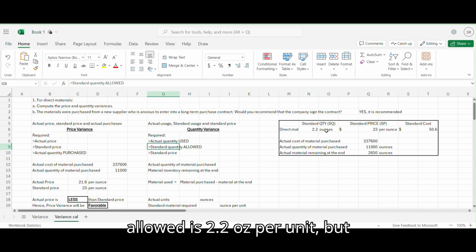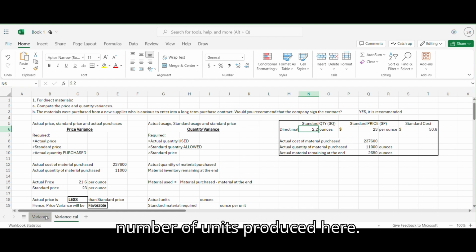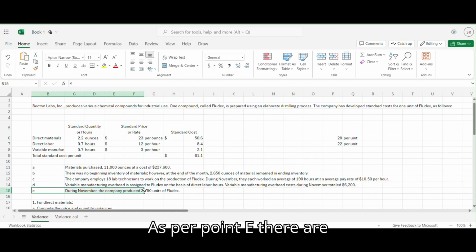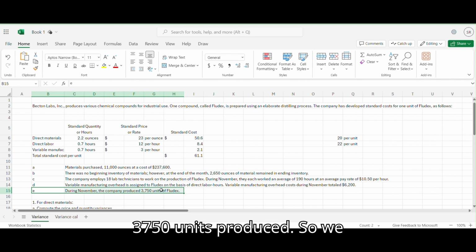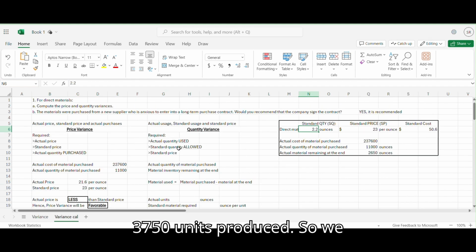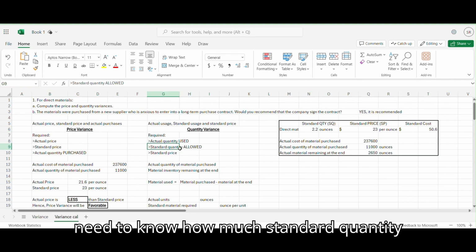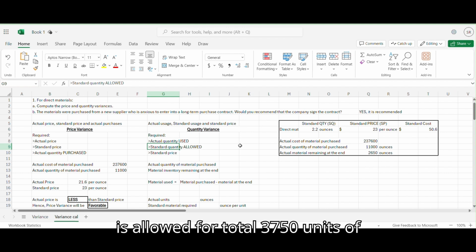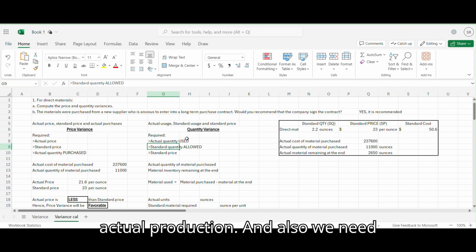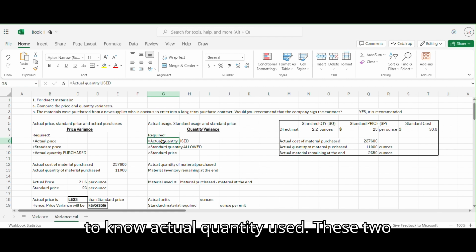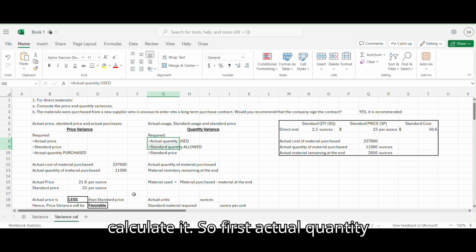Standard quantity allowed is 2.2 ounces per unit, but the number of units produced here, as per point E, is 3,750 units. So we need to know how much standard quantity is allowed for the 3,750 units of actual production, and also the actual quantity used. These two figures are not known and we need to calculate them. So first, actual quantity used.